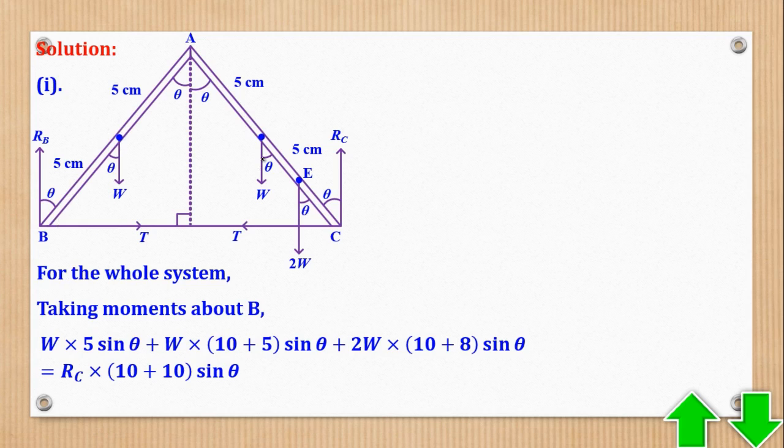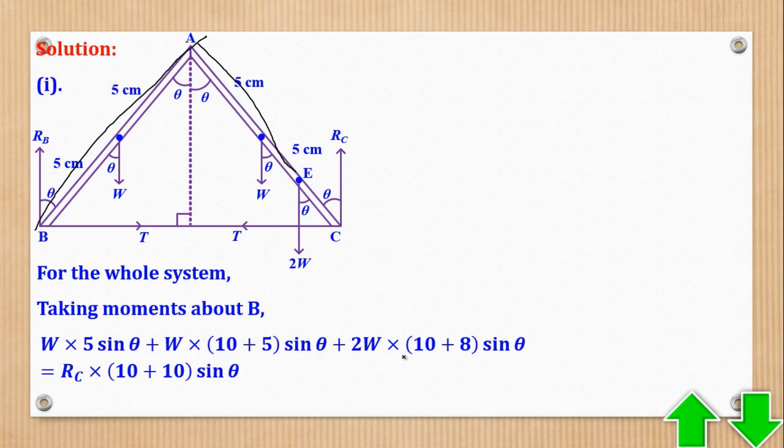Then we shall go to another W. The distance is from here TI is 10, and from here TI is 5. That is why we have here 10 plus 5. And the angle between is theta, which is sine theta there. Then for 2W, from here TI is 10, and from here TI, like we said, it was 8 because it was given in the question.